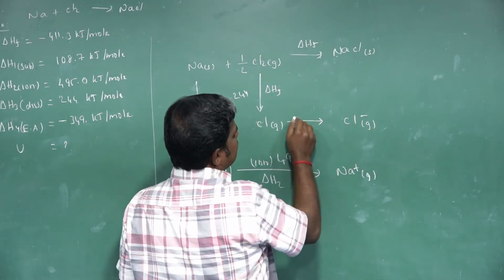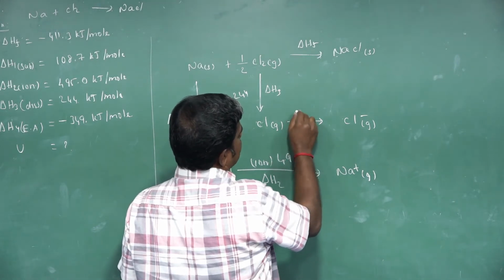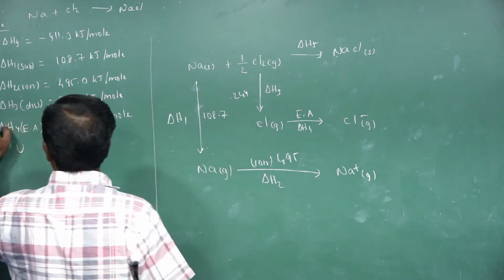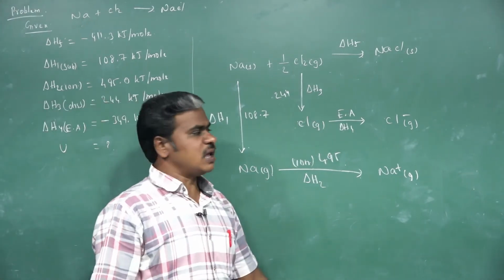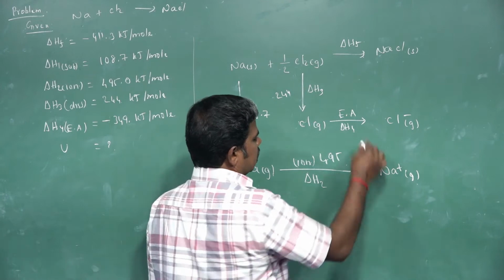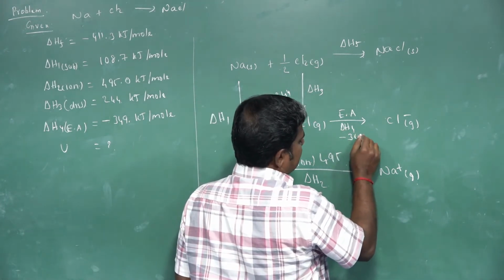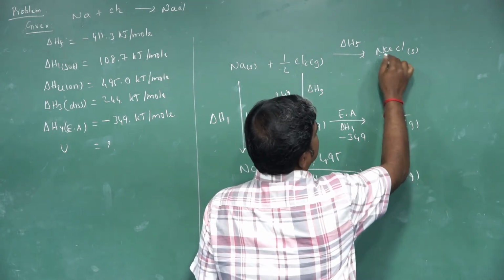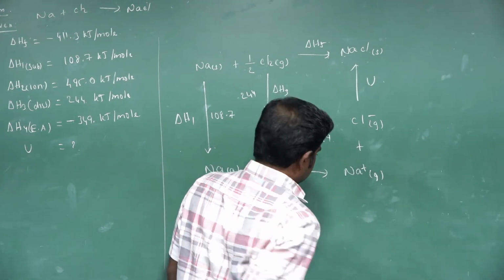Then it is nothing but delta H4, which is known as electron affinity. And the electron affinity value is minus 349. Now these two combine and form NaCl, and it is U.